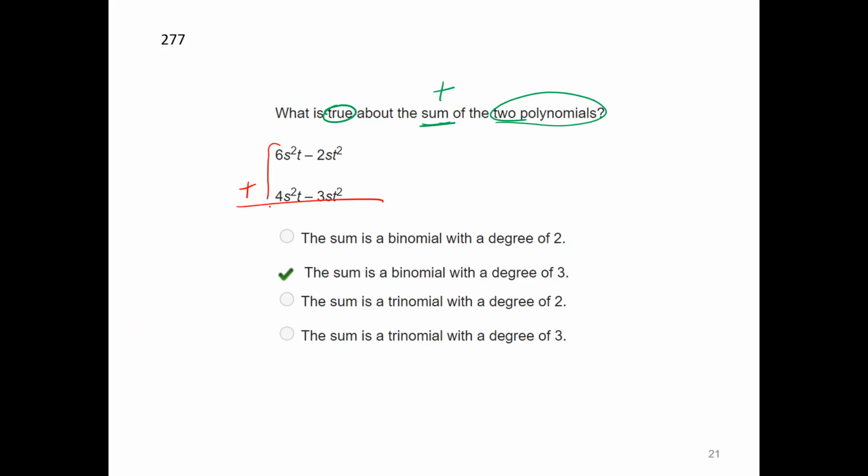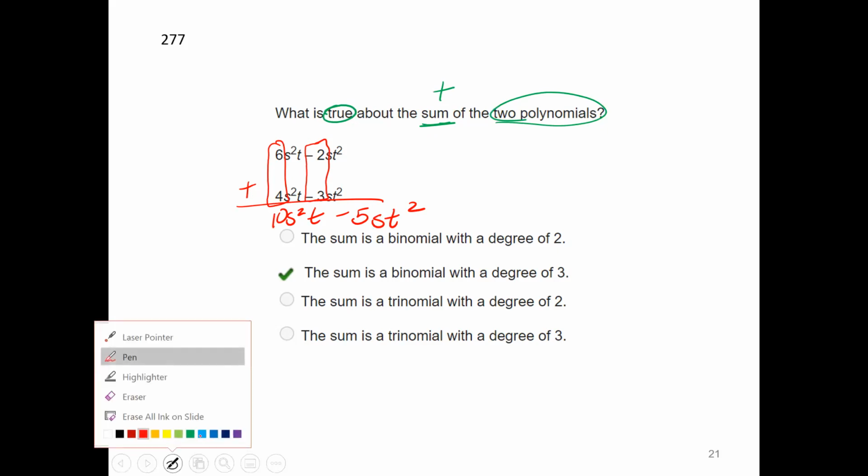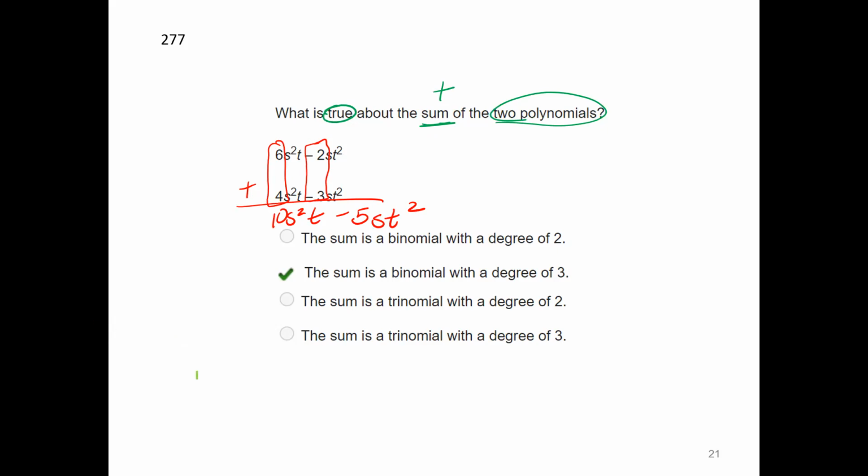If I add this, 6 and 4 gives me a 10, s squared t. -2, -3 gives me a 5, st squared. Okay, so if you take a look at the answer, what's given is the sum of the degree.